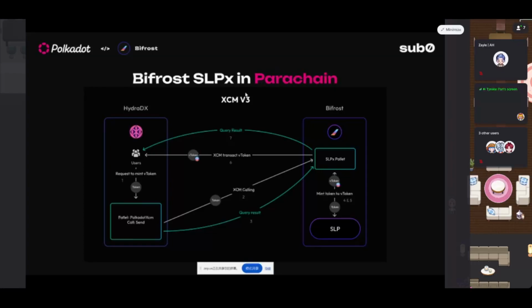The next page is a real case: the collaboration between Bifrost and HydraDX. HydraDX is another parachain in the Polkadot ecosystem that provides liquidity, DEXs, and omnipool functionalities.